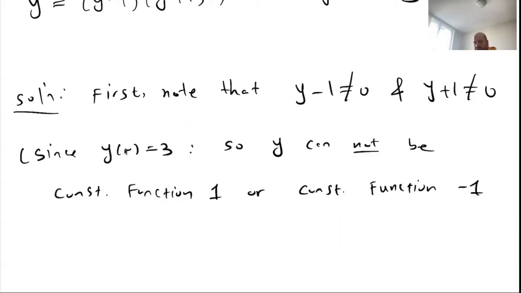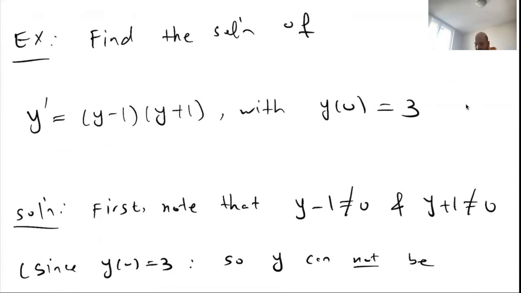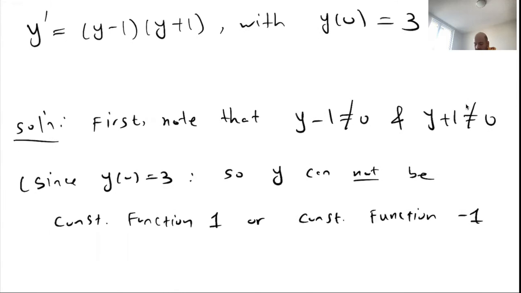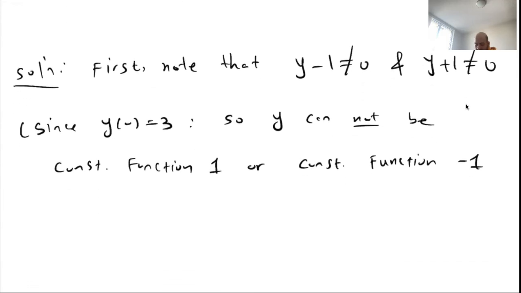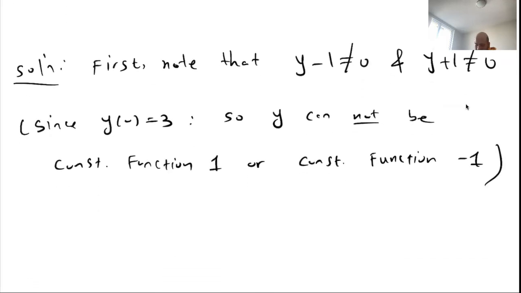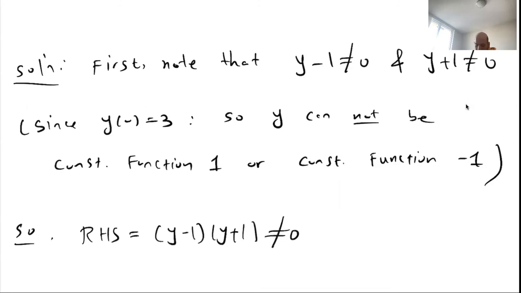So y cannot be constant function 1, cannot be constant function minus 1. So if y minus 1 is not 0 and y plus 1 is not 0, then we can say that the right-hand side, which is y minus 1 times y plus 1, will be non-zero.